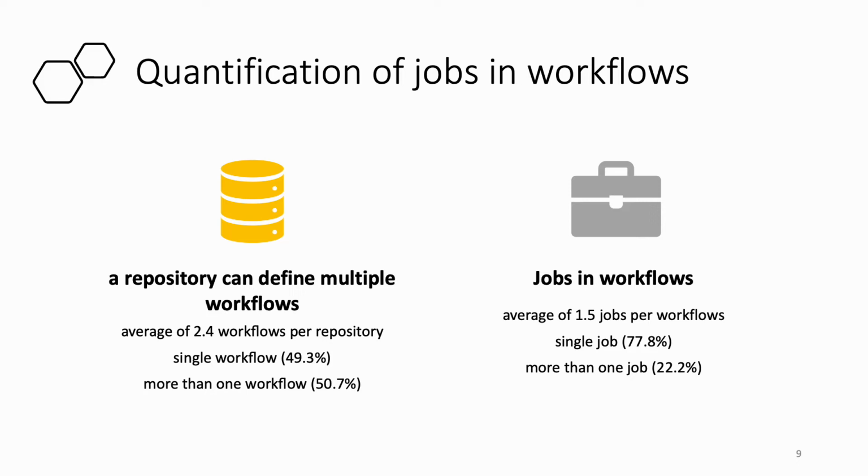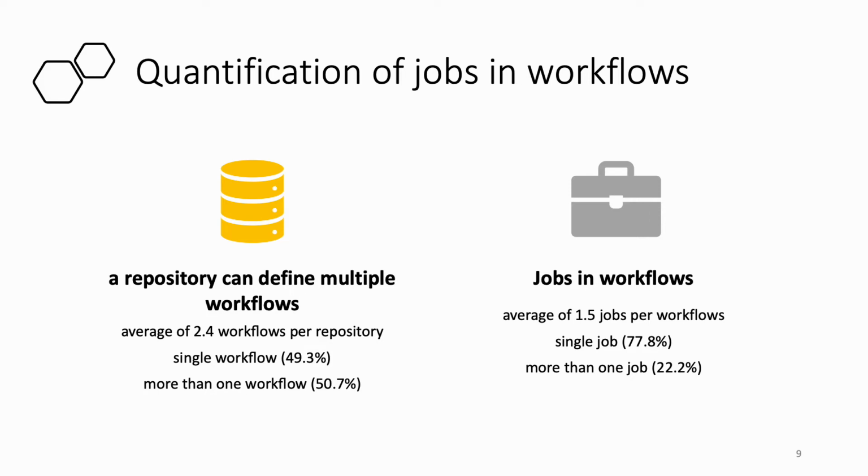This indicates that developers have different beliefs. Some believe they only need one workflow for all of their tasks, and others believe they need a separate workflow for separate tasks. It is also related to how big or small your project is.